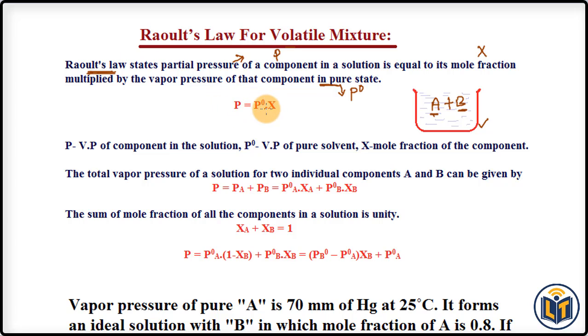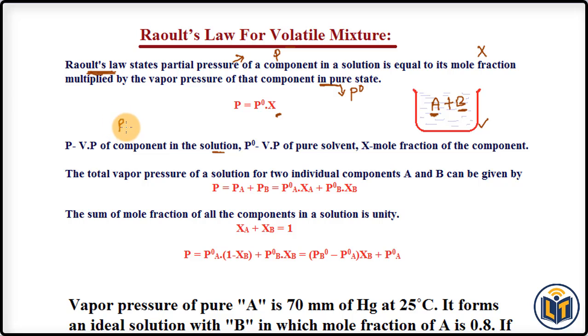P is equal to P naught into X, where P is the vapor pressure of the component in the solution, P naught is the vapor pressure of the pure solvent when it is not mixed, and X is the mole fraction. If we have to find the vapor pressure of an individual component in the solution, we can apply Raoult's law.